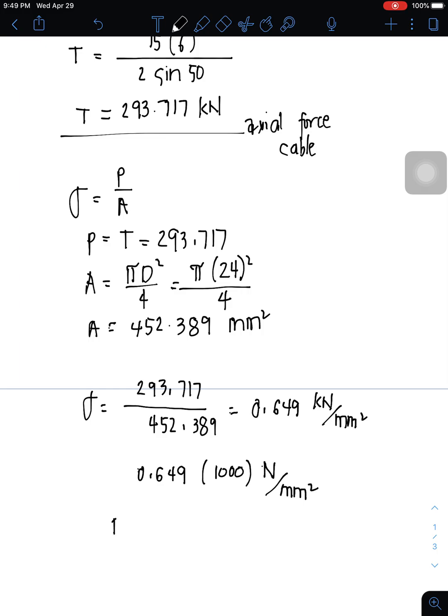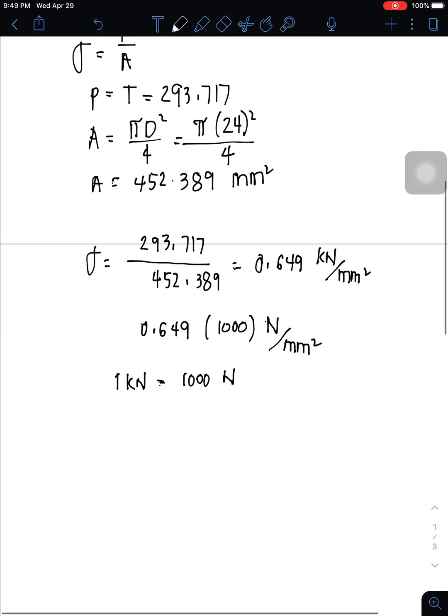Remember that in 1 kilonewton there are 1000 newtons. So the stress is 649.258 newtons per square mm.